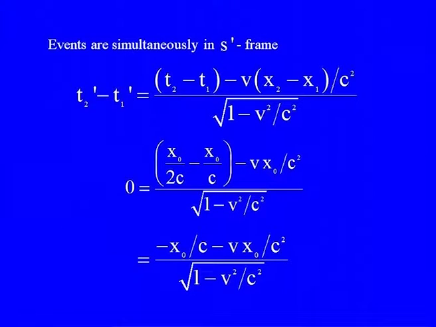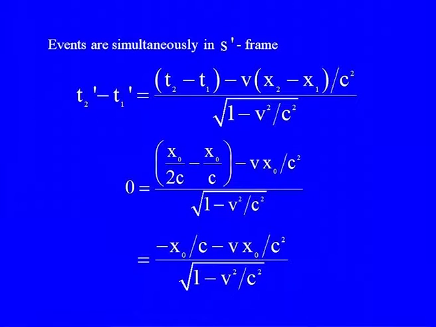So, if you look at the second equation, in the numerator you put in the times that we had for the events in the S frame, and also the difference of their positions, and divide it by the square root of 1 minus v square by c square, v being the velocity with which the S prime frame is moving with respect to the S frame.